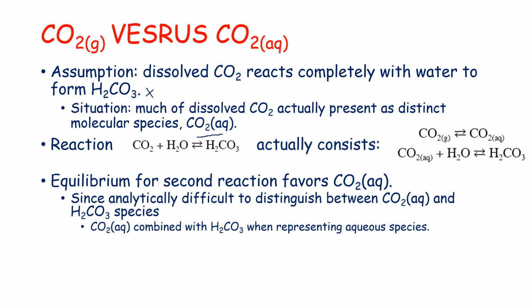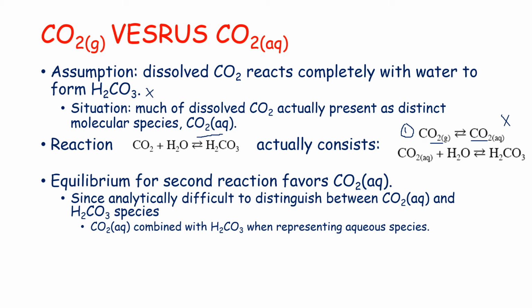Basically then, the reaction of CO2 plus H2O, a two-way reaction to give you carbonic acid, actually consists of two reactions. One is CO2 gas has to convert to CO2 aqueous. Now this is where most of the headache lies, because not all the gas may convert to CO2 aqueous.